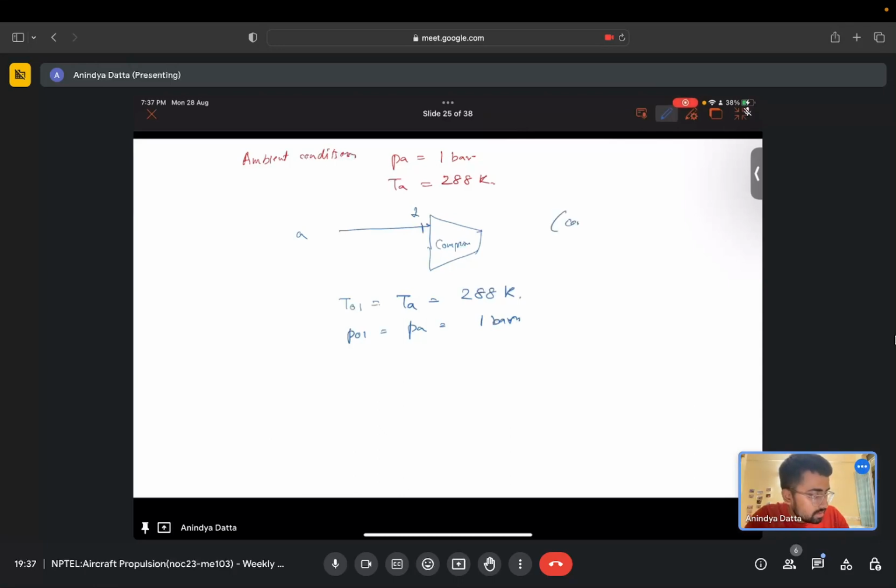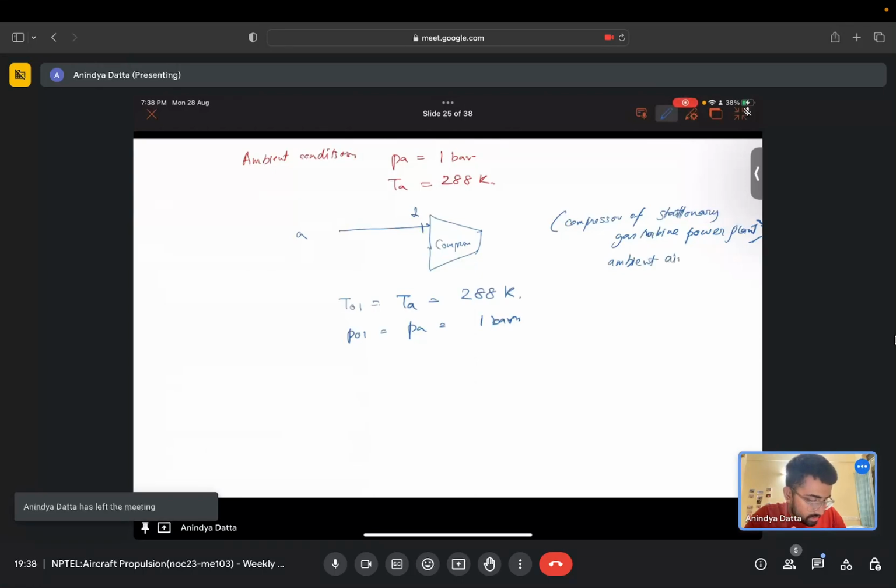This is the compressor of a stationary gas turbine power plant. So ambient air is at rest, right? Okay, so this is the idea.